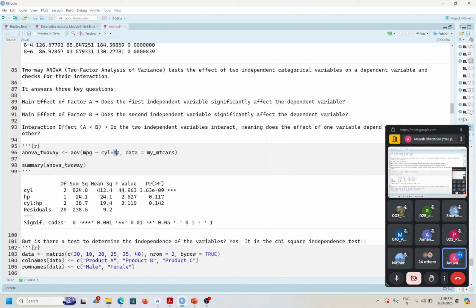If you want to ask such a question, you can use the two-way ANOVA test, which is just the same ANOVA function, and you just have a dependent variable, the squiggly line, followed by the two variables you are trying to find out. So you can go ahead and write this code into your R Studio and see what you get as a result.